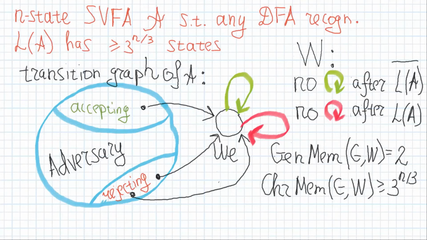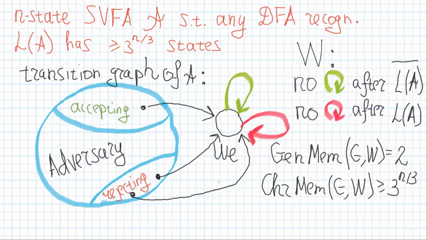This means we can just use the following strategy. If we come to the circle node from an accepting state, then we use the green loop, and if we come from a rejecting state, we use the red loop.